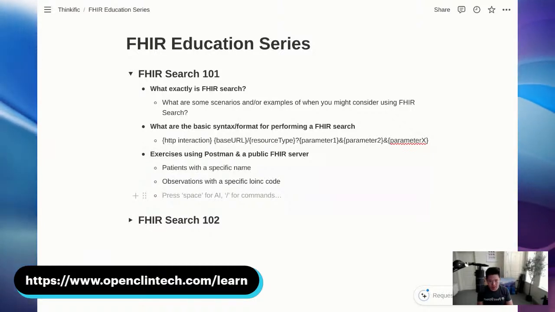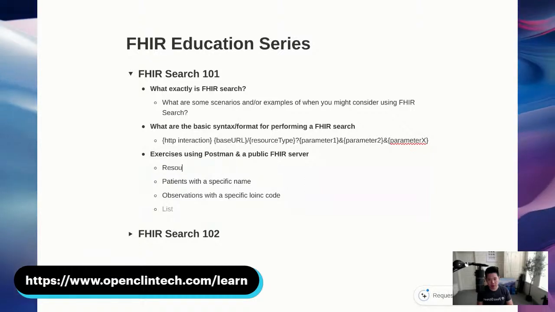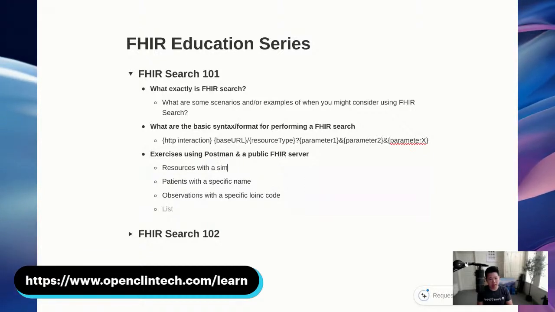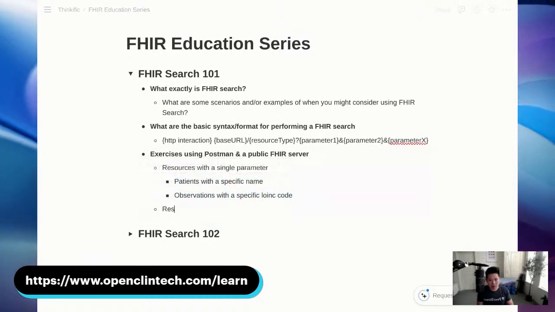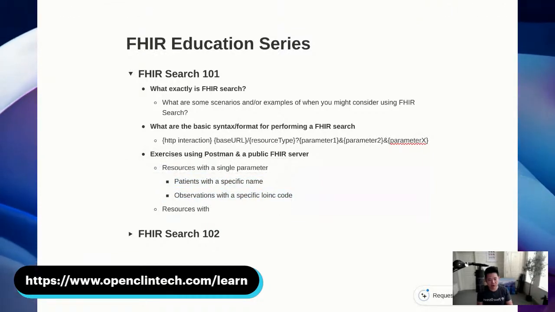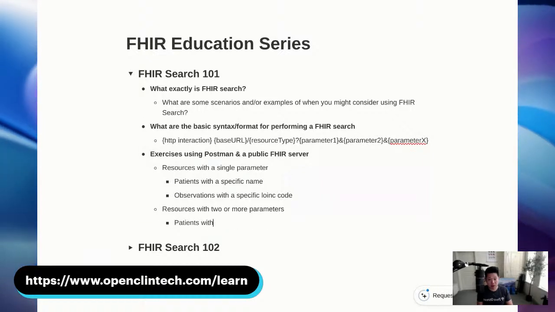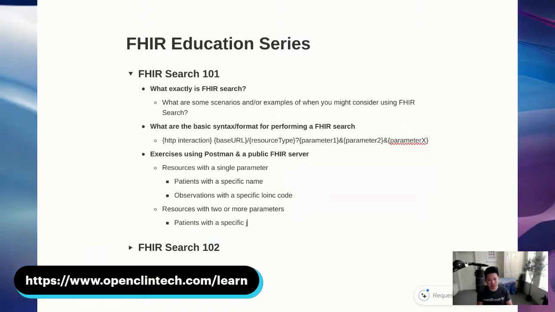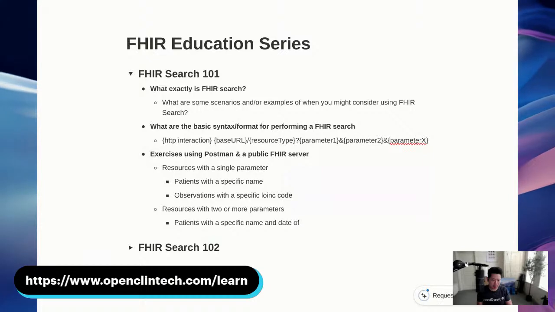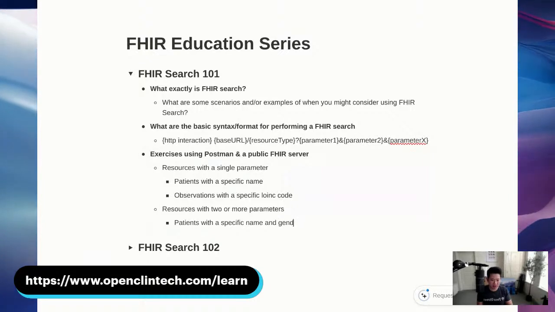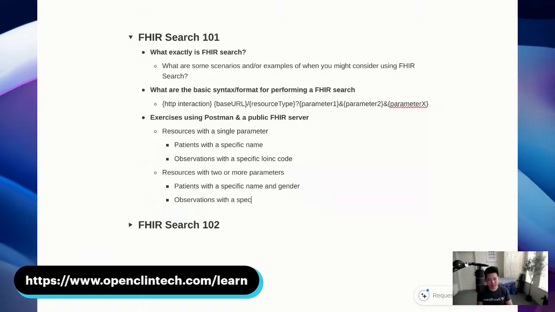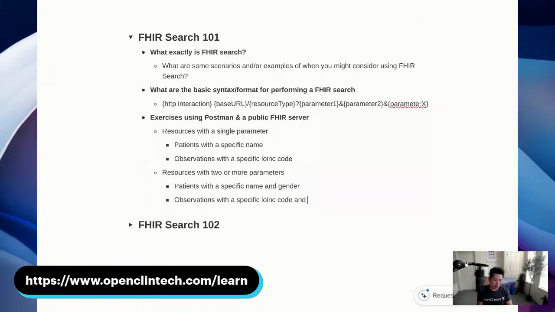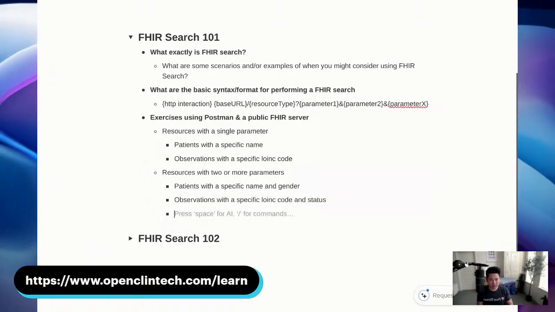Maybe we'll group these: resources with a single parameter, resources with 2 or more parameters, patients with a specific name and maybe gender, observations with a specific line code and status.